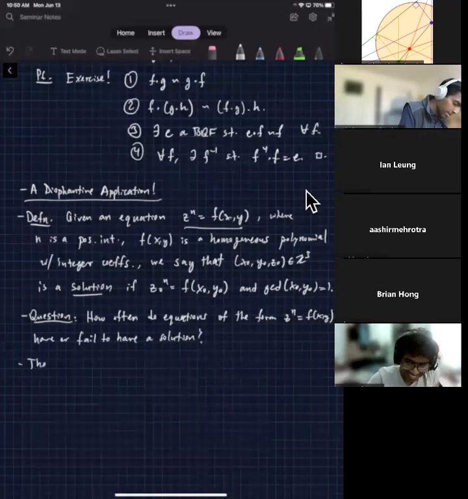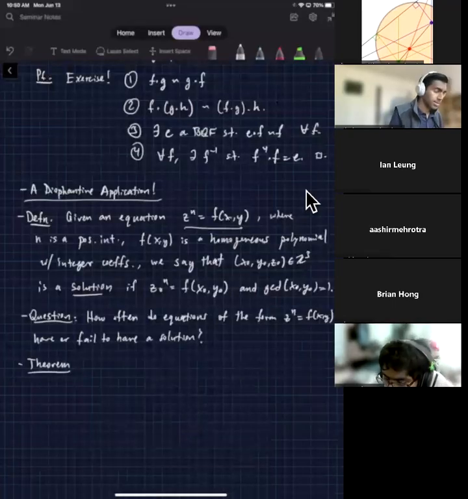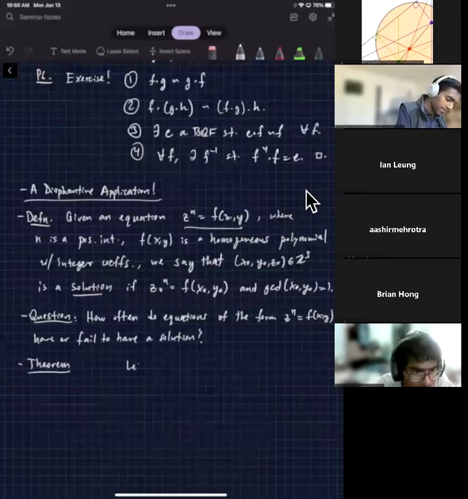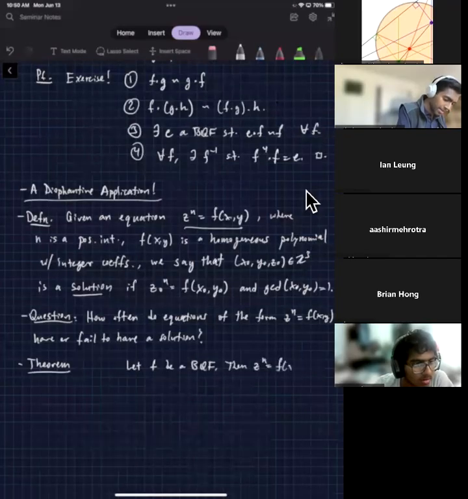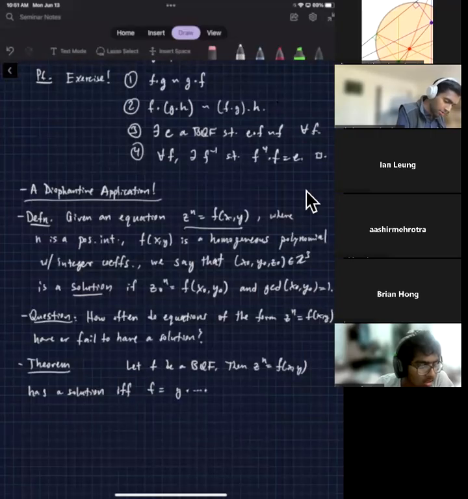And now I want to give you a theorem concerning the case where the degree of f is 2, the case of BQFs, which we've been talking about. So let f be a BQF, then z to the n equals f of x, y has a solution if and only if f is equal to the n-fold composition, so the composition n times with itself, of a BQF g.